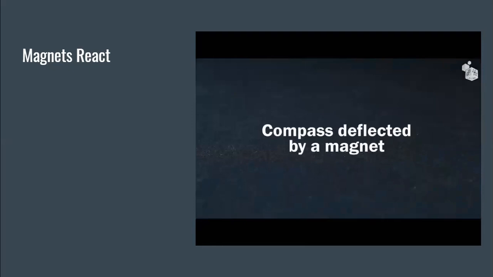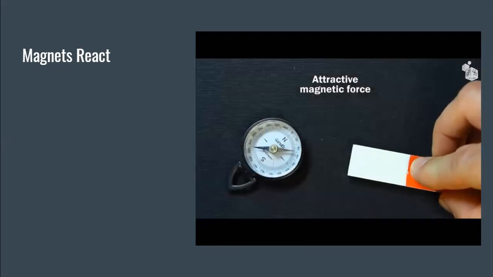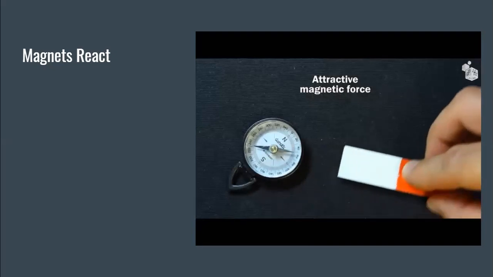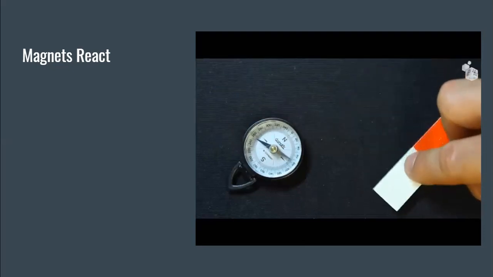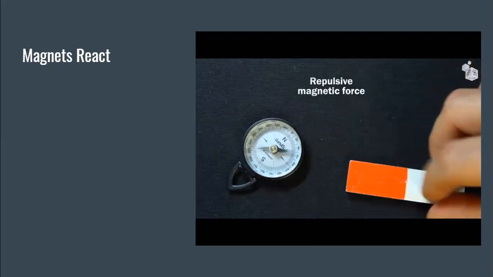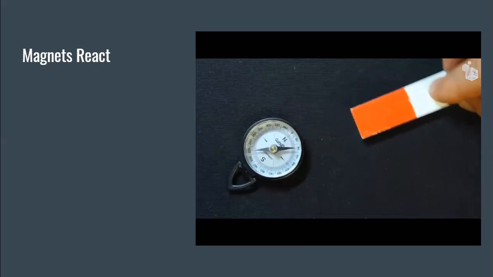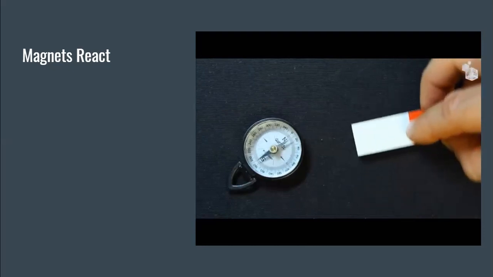This is because it's getting deflected by the magnet. Here's a magnet and the compass. You can see that the compass is attracted to the magnet. Now that the person uses the other pole, you can see that the compass is repelling against the magnet.